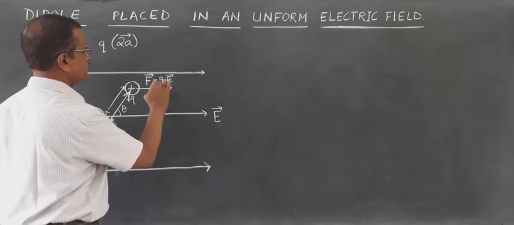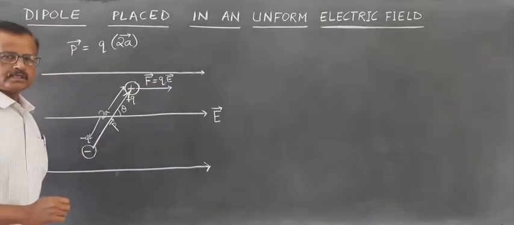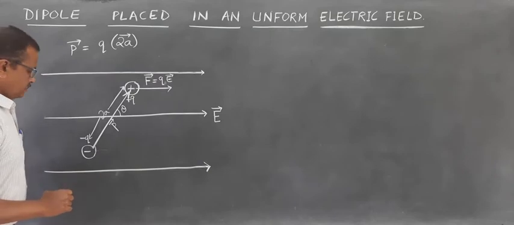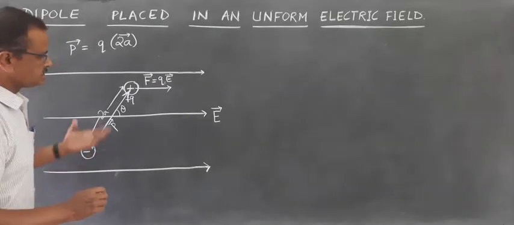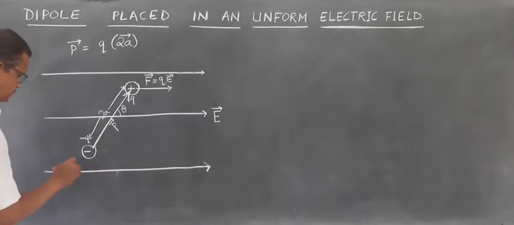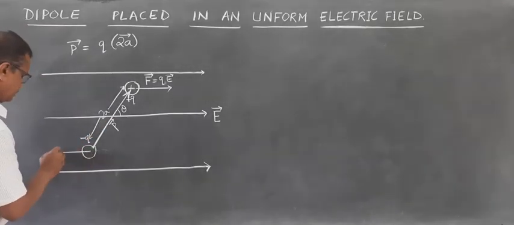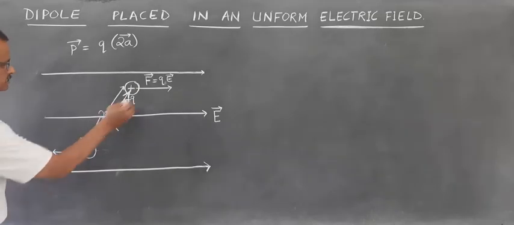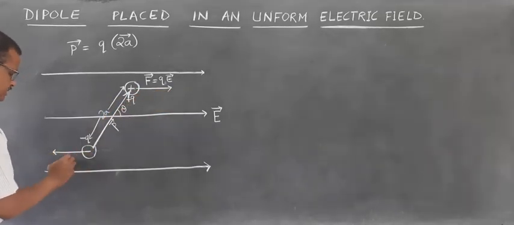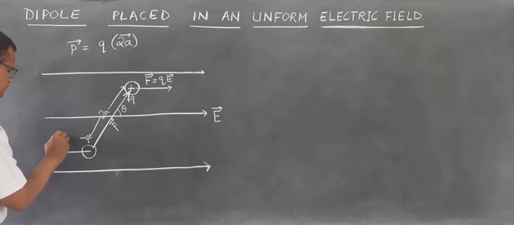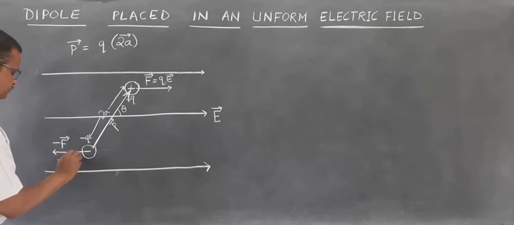In the same way, the negative charge experiences the same amount of attractive force in the opposite direction. So this force is minus F, equal to minus qE.